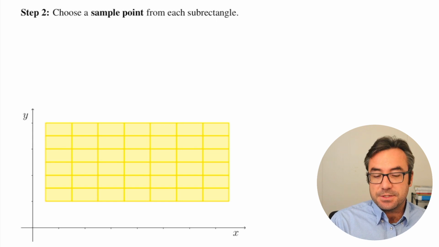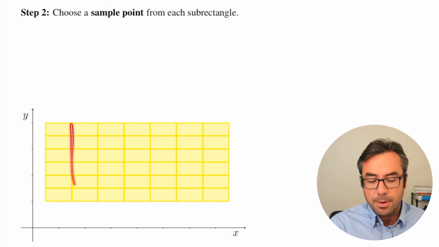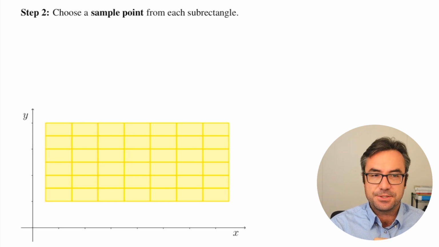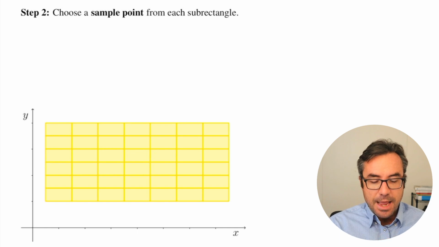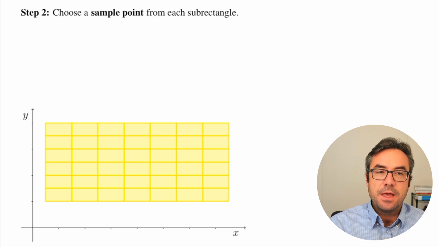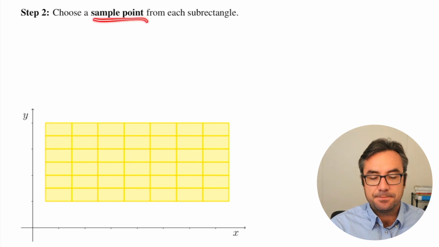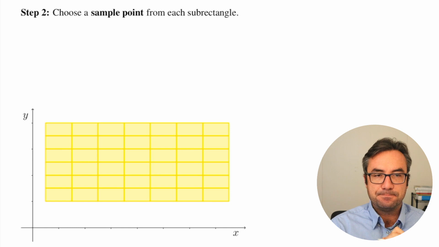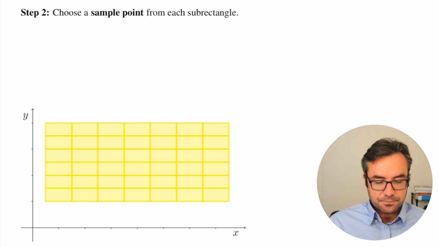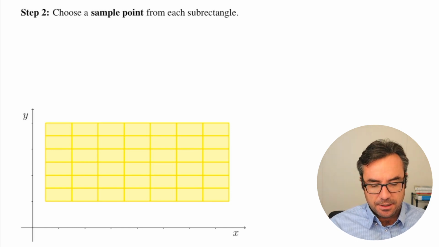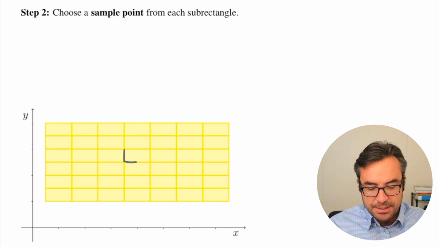And that's going to give us a bunch of these tiny little rectangles. And the idea is we're going to look at each subrectangle and pick a sample point from each subrectangle.